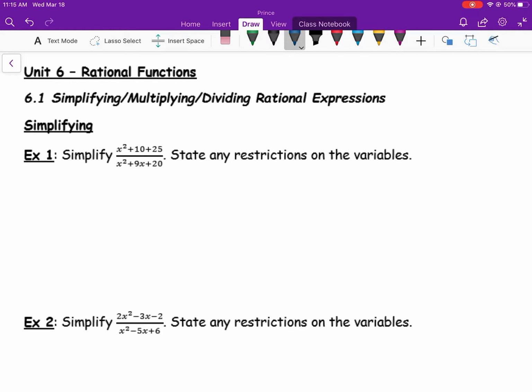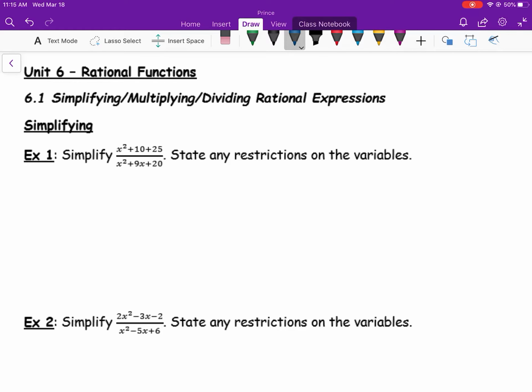I have 2x plus 1, x plus 3, divided by x minus 4, times x plus 4, x minus 4, all divided by x plus 3, x plus 5.